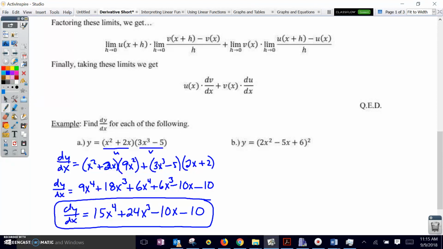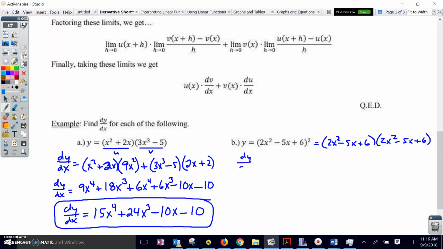Alright, now, in this second one, I've got y equals the quantity 2x squared minus 5x plus 6 raised to the second power. I'm going to think about this as 2x squared minus 5x plus 6 times 2x squared minus 5x plus 6, and apply the product rule to it.